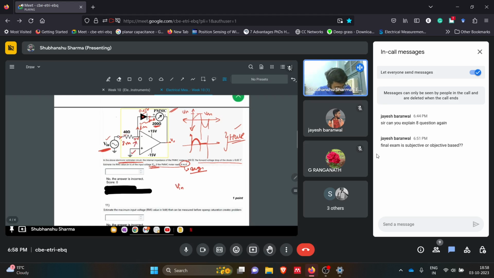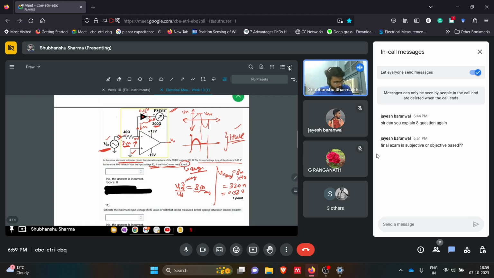So V in by 40 equals the current flowing through this branch, which is the deflection current of the PMMC meter. This is also average, simple, no confusion. Then V in average equals 8 milli into 40, which gives 0.32 volts. And this is the average value.